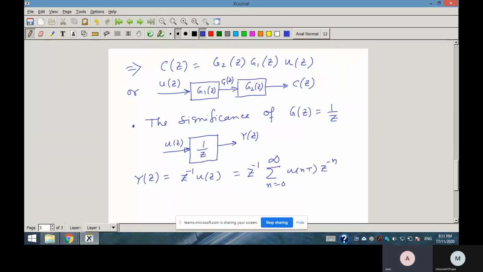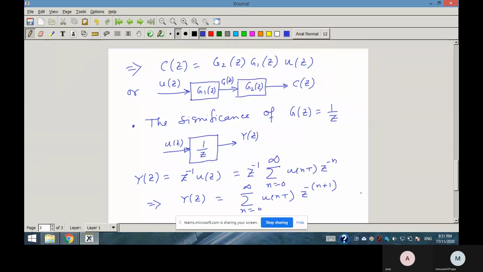This is the definition of the z transformation of ukt, that means uz. This implies Yz is equal to the summation of n equal to 0 to infinity u of nT into z to the power of minus of n plus 1.